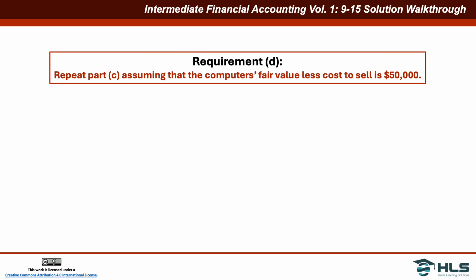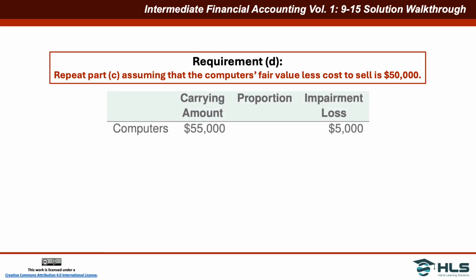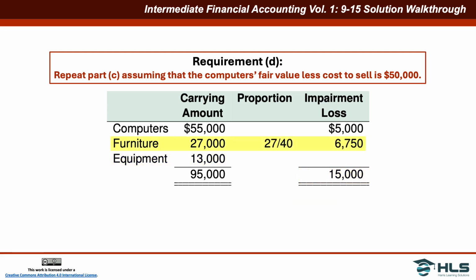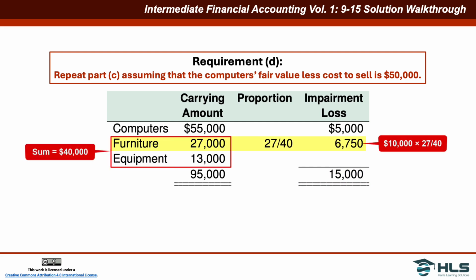So to allocate the $15,000 impairment loss, we will allocate the fixed amount of $5,000 of the $15,000 impairment loss to the computers. The rest will be allocated between the furniture and the equipment, which don't have determinable recoverable amounts. So the remaining amount to be allocated of the $15,000 impairment loss is $10,000, of which $6,750 will be allocated to the furniture based on its $27,000 carrying value divided by the sum of the two assets that don't have determinable values.